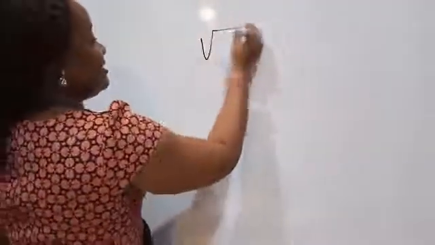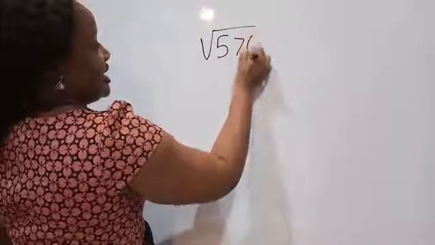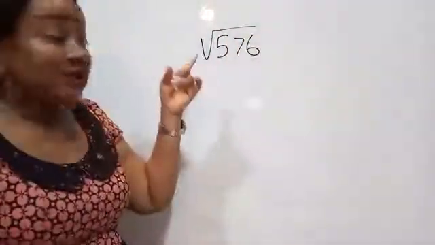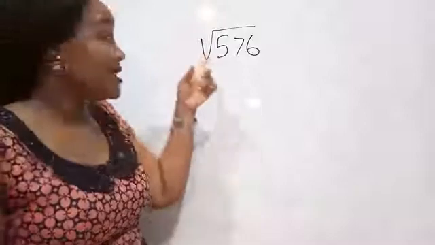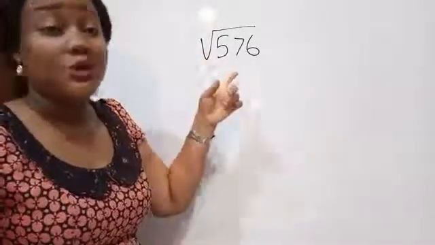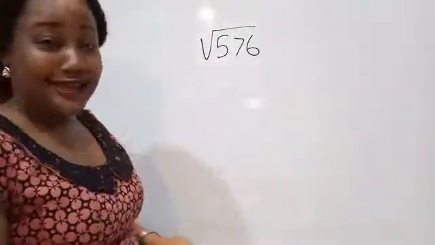So let's take another example. Let's say we're told to find the square root of 576. Of course, I can't tell what exactly the square root is, so we have to go through the process.